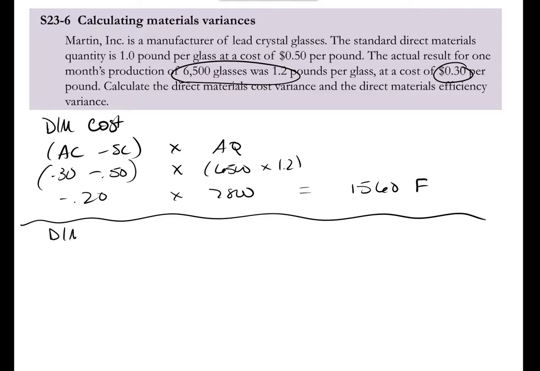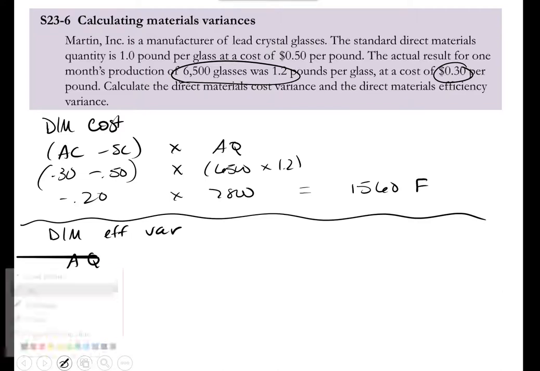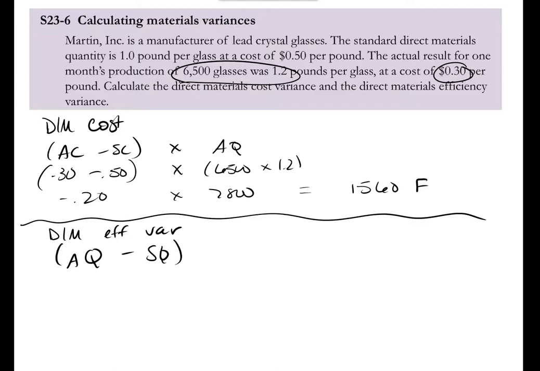For the direct material efficiency variance, again, it's the actual quantity I used minus the standard quantity, how much I thought I should have used for this volume, times the standard cost. So the actual quantity used, I just figured out right here, was 7,800.